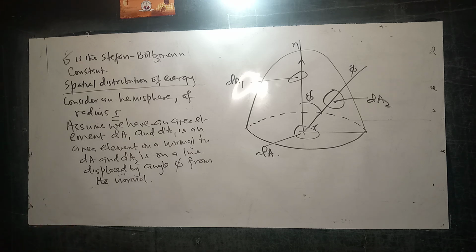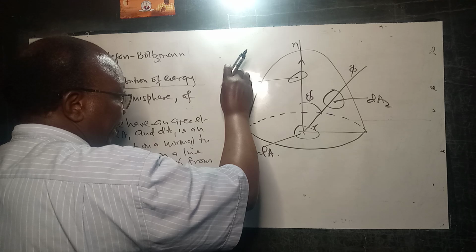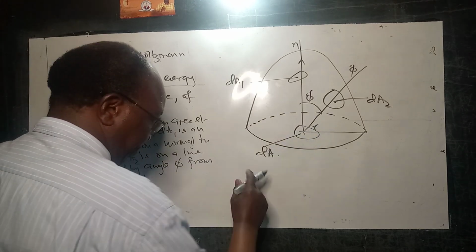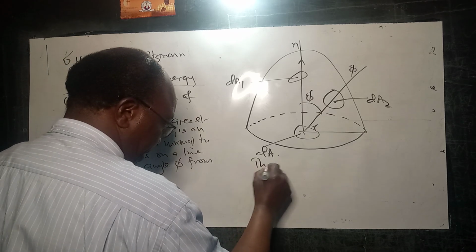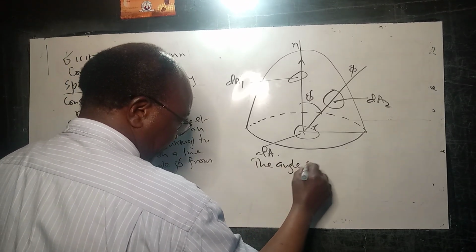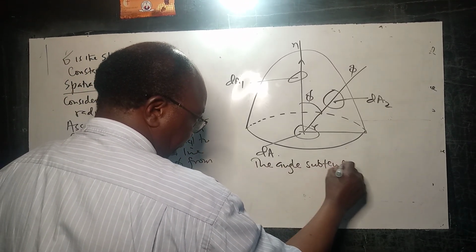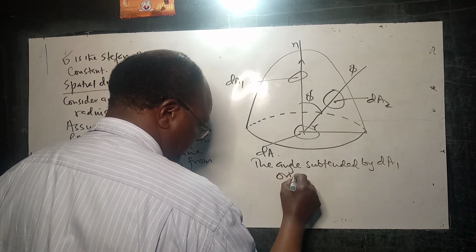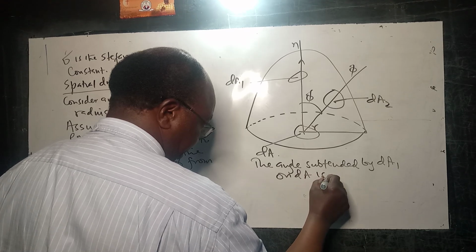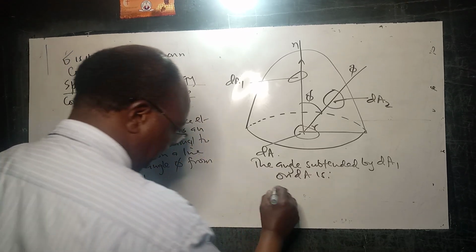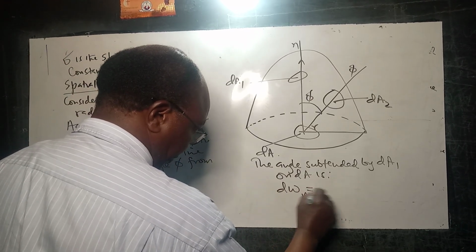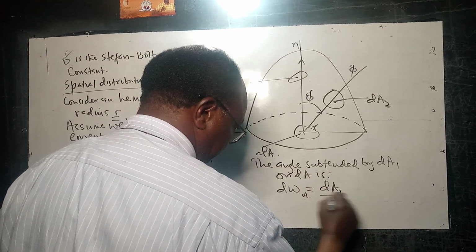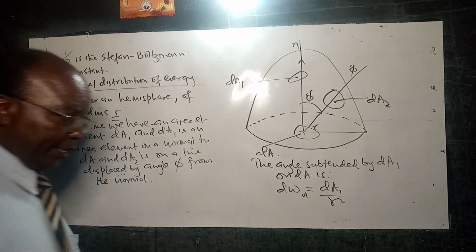Now, the angle subtended by the area element dA1 on dA is given by dA1 over r squared.